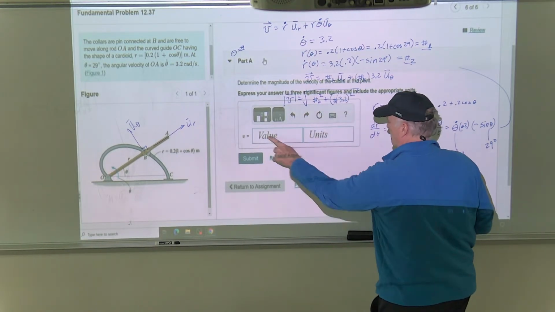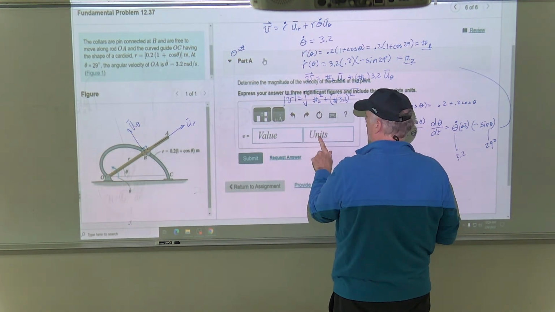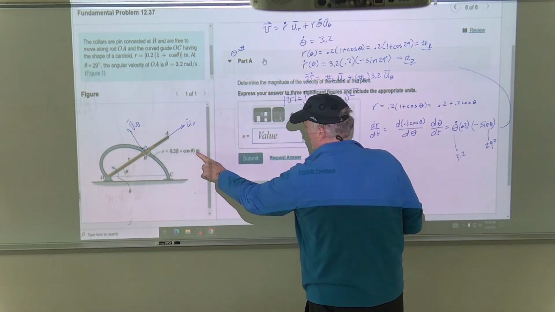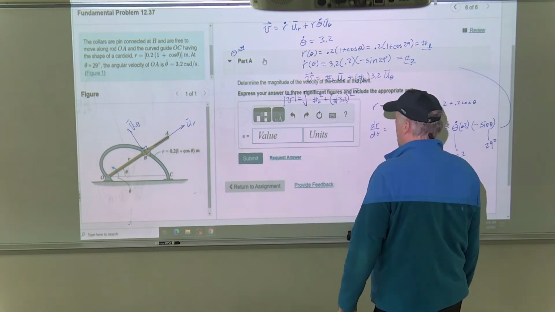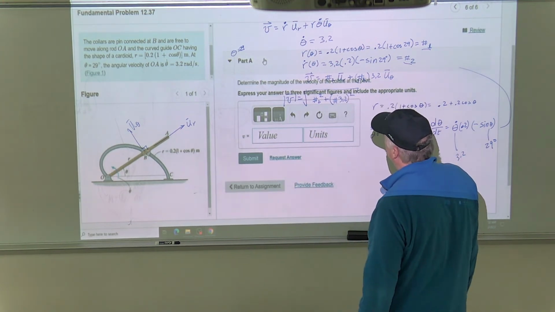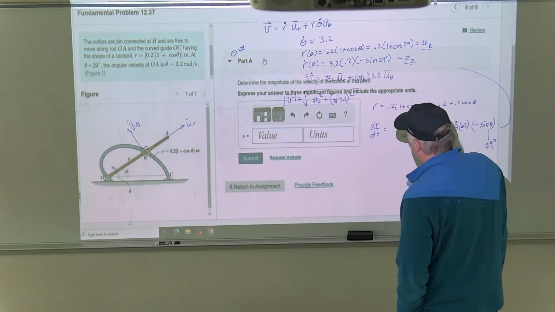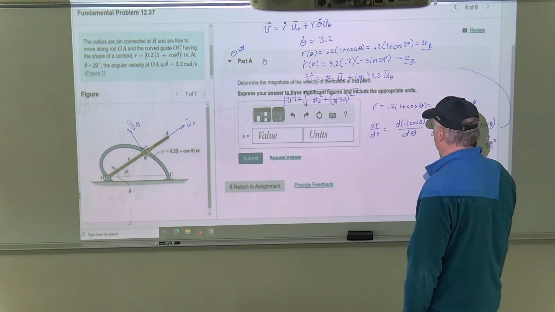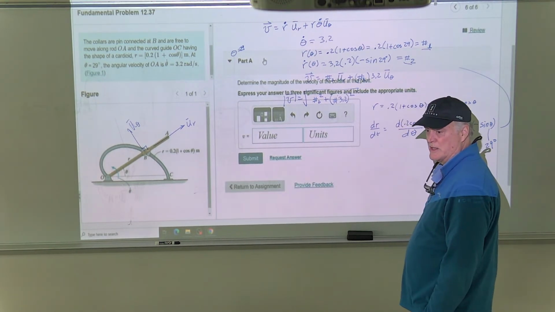And that's what will go in here in the units. Because we're asking for velocity, it's got to be meters per second. And that's pretty much it. There's nothing more to it than that.